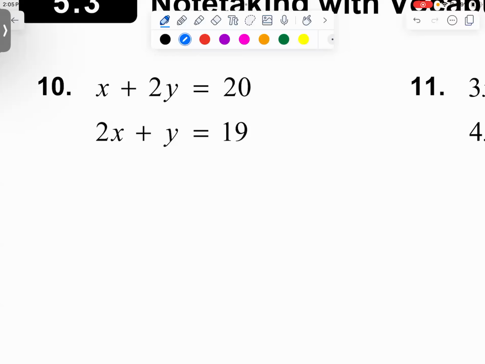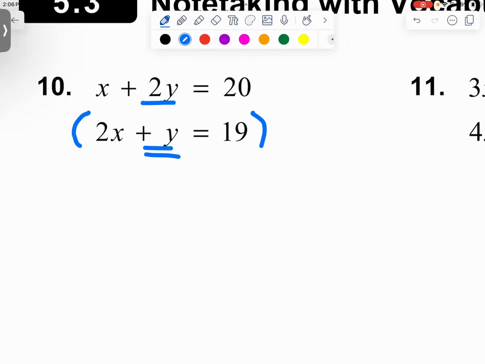All right. If we want to make the y's opposite, what would we need to multiply the second one by? Maybe one y. So this is 2y. What is opposite of 2? What is the current coefficient of y in the second one?